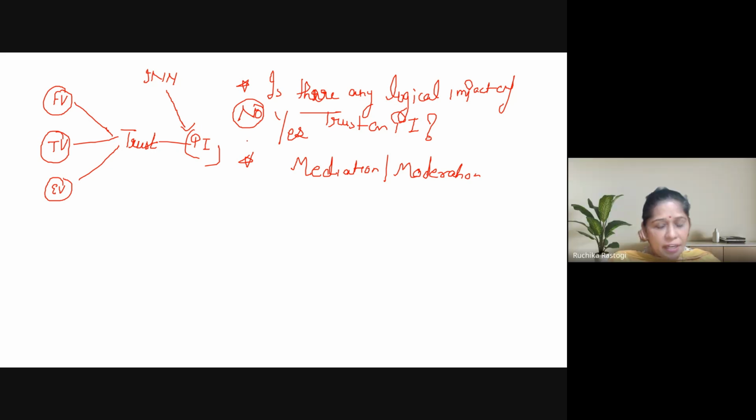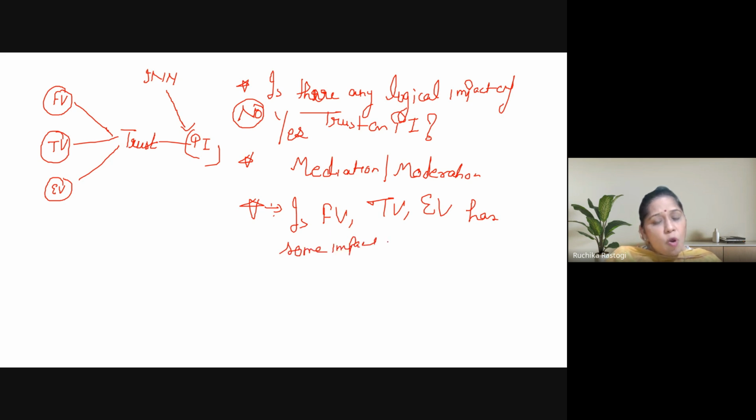First question is clear to you? Now, note down the second question. Do all the independent factors have some relationship or some impact on trust? Is FV, TV, and EV has some impact on trust?